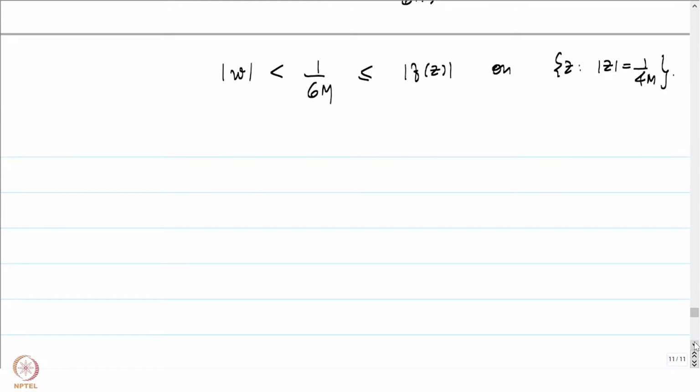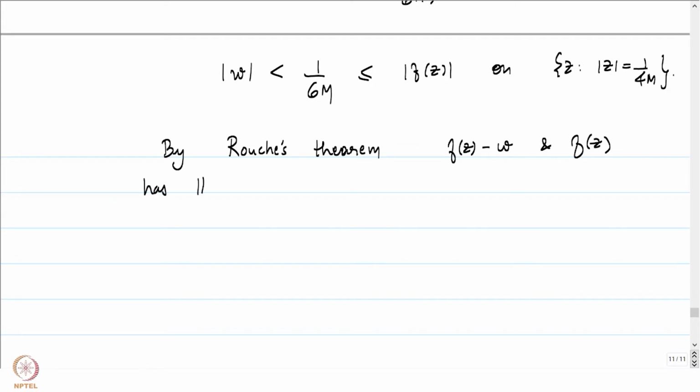Now by Rouché's theorem, if g of z is identically equal to minus w, then f plus g, which is f of z minus w, and f of z have the same number of zeros counted with multiplicity in the disk of radius 1 by 4m. That is precisely what Rouché's theorem will tell us.